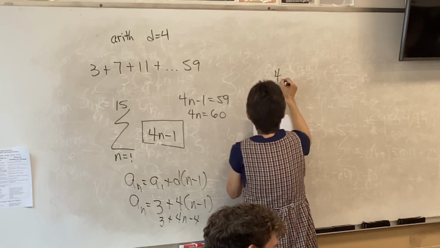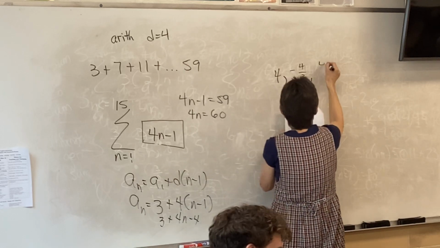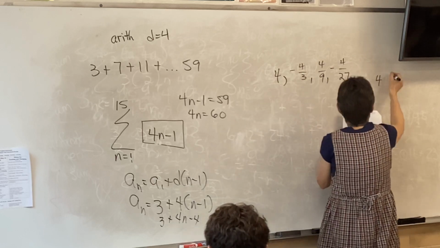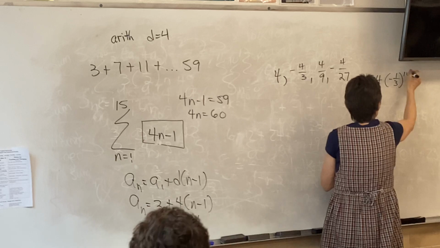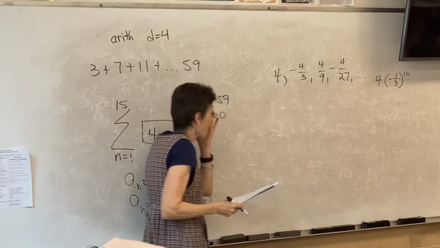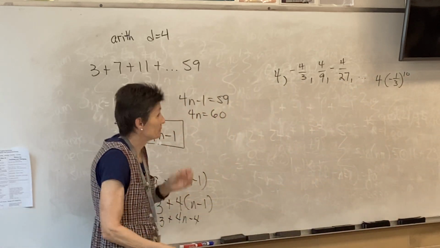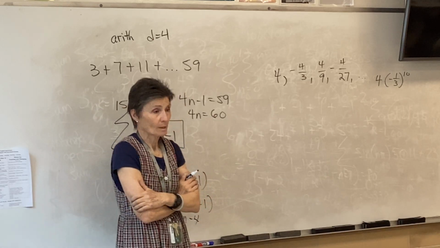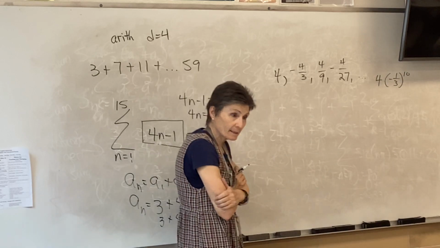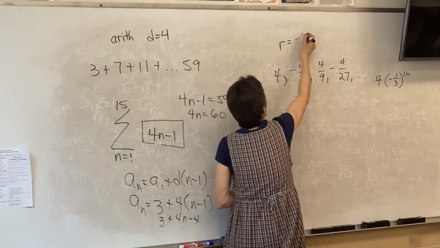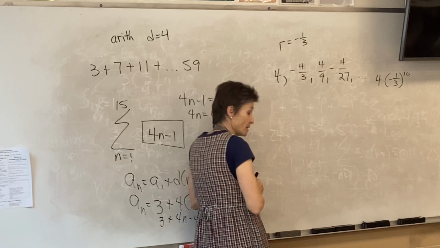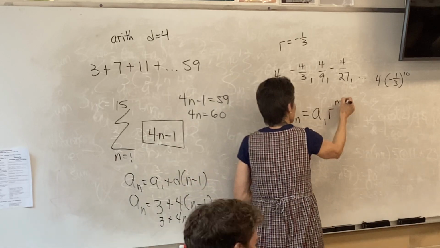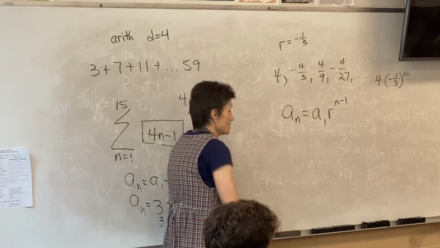All right, next. Did you do it? Okay, here we go. What's happening here? We're multiplying by negative 1/3, which means it's geometric, which means my explicit formula is this. So here's my sigma.